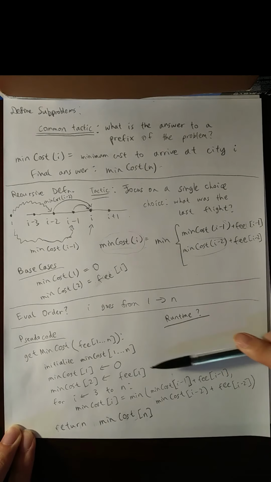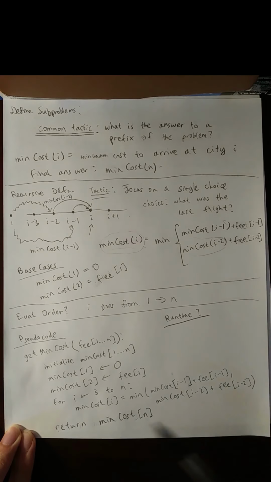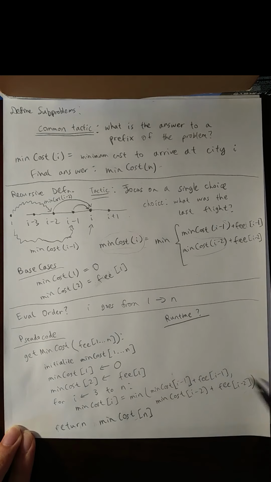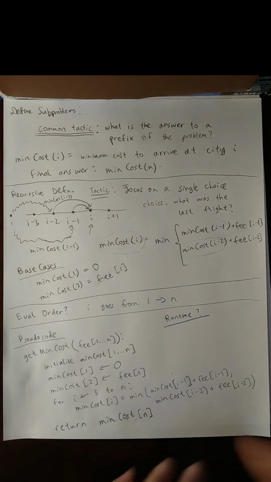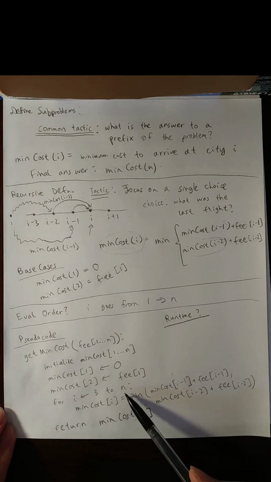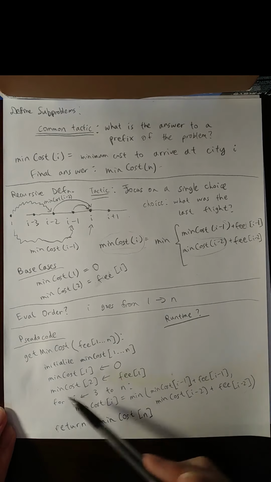Then for base cases, filling them in just takes O of 1. And then we have this for loop where we do something for every element from 3 up to n. And then each of these computations takes O of 1 because we're just taking the minimum of 2 things. And then since we're doing a for loop over n elements and the inside takes O of 1, this in total takes O of n.